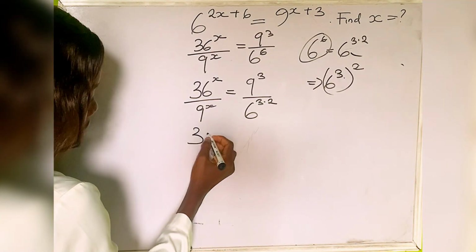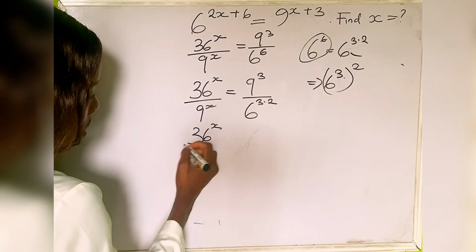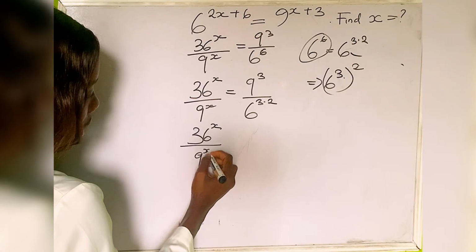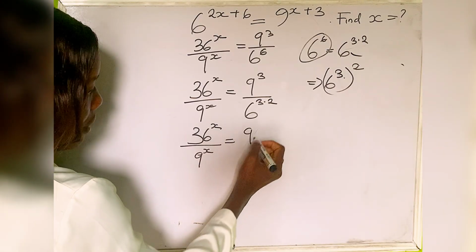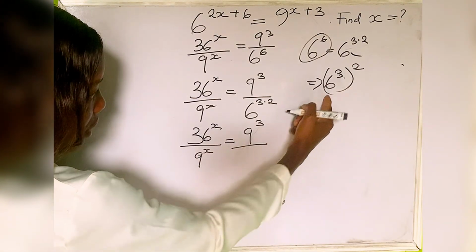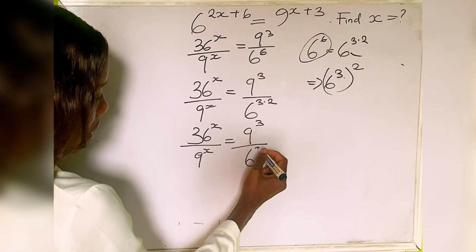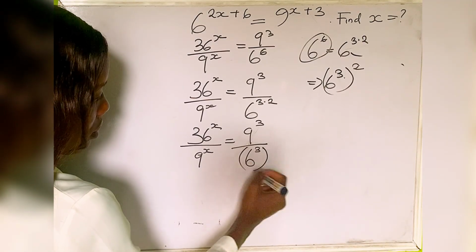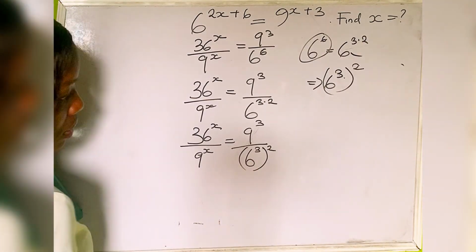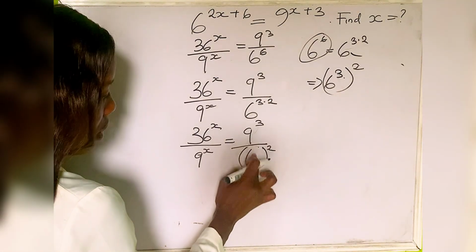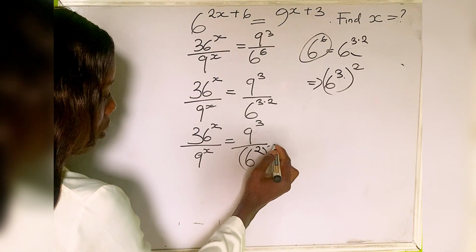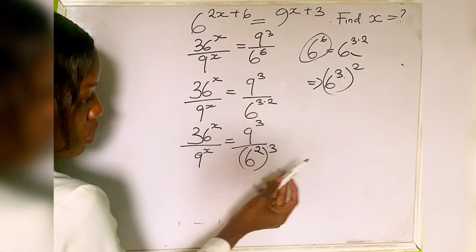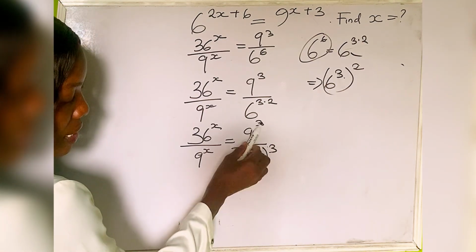We have 36 raised to the power of x all over 9 to the power of x is equal to 9 raised to the power 3 all over 6 raised to the power of 2, cubed. Or no, it should be 6 raised to the power 2 cubed, because we want this outer place to be the same.